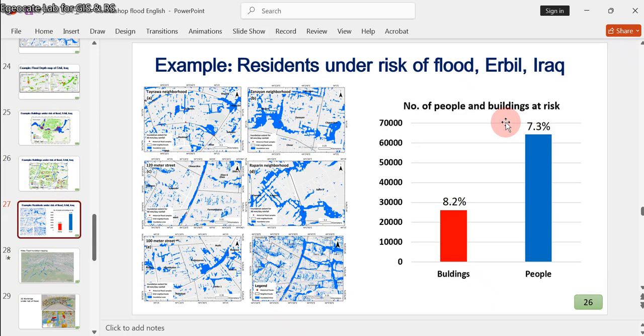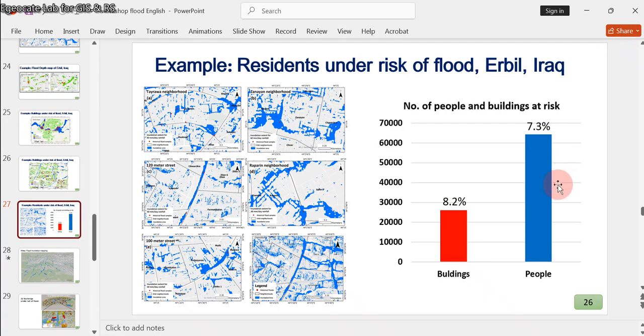And also, we can identify the number of people and number of buildings under risk. For example, in Erbil City, 8.2% of total buildings are highly at risk of the flood during, for example, 60 millimeter rainfall intensity.